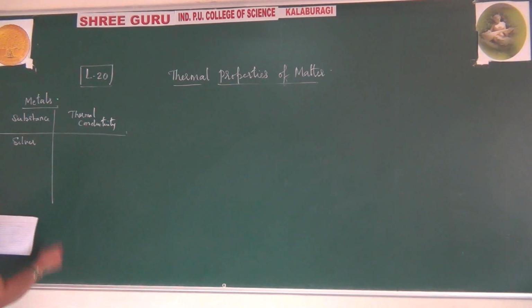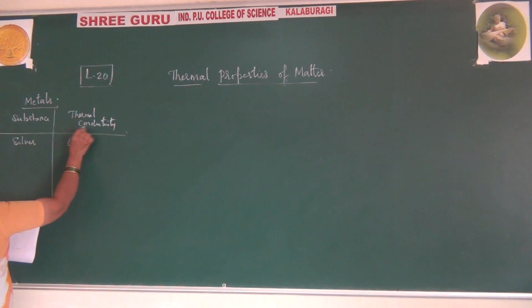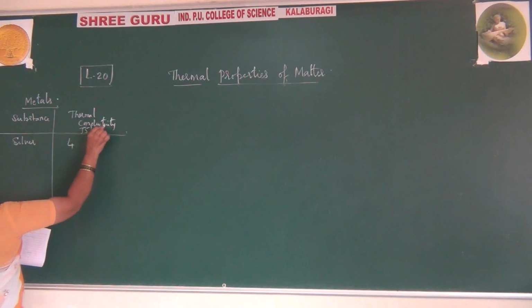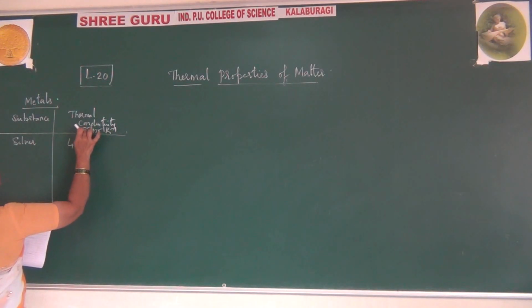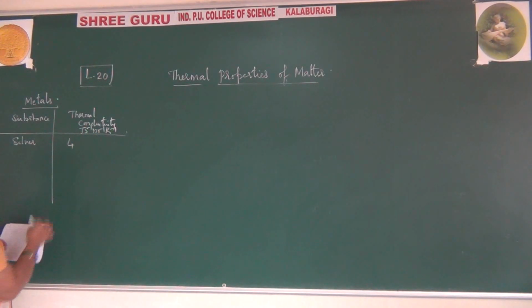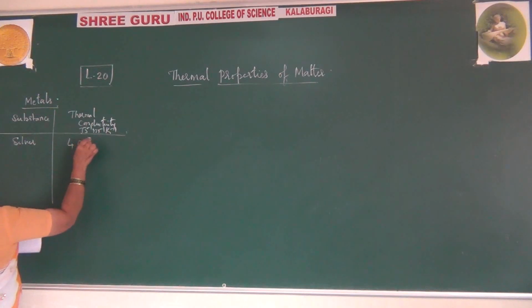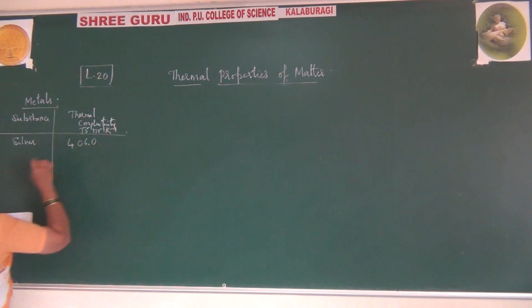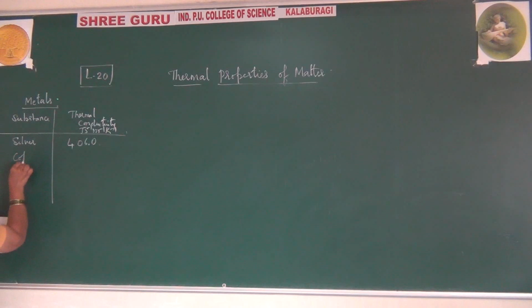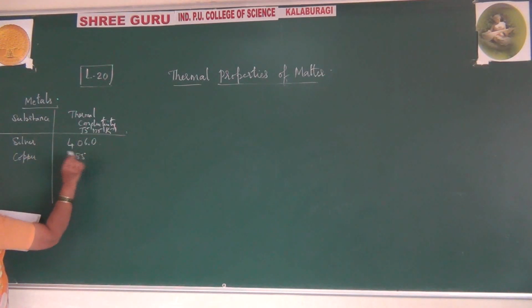Silver, where the SI unit is joules per second per meter per Kelvin, you already know this, is 406.0. Next comes copper, which is 385.